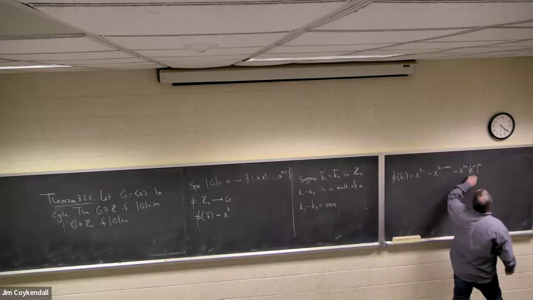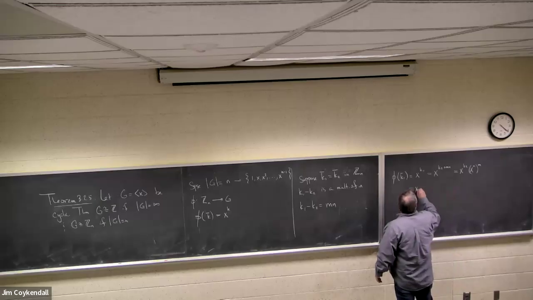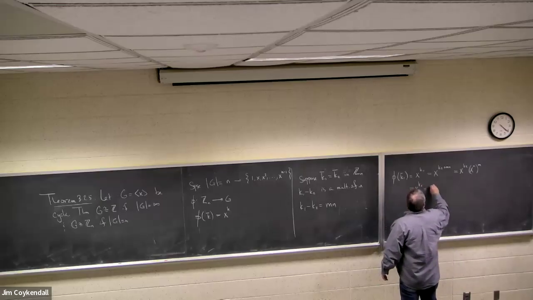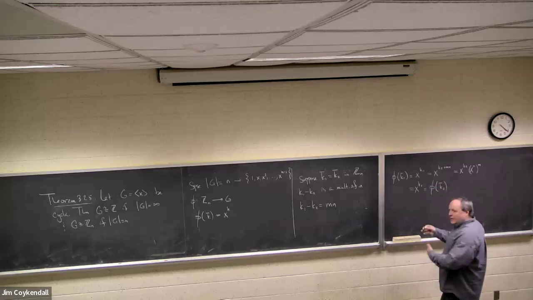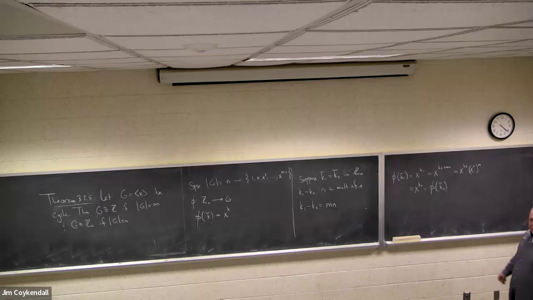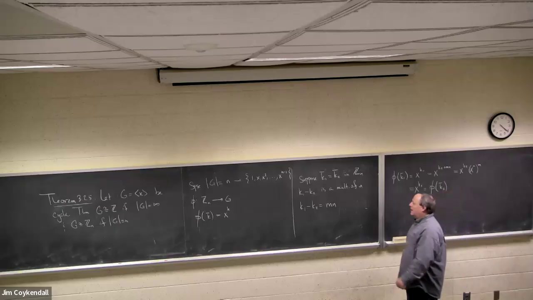So this thing right here is just the identity, the M vanishes. So this is equal to X to the K2, which is phi of K2 bar. So it doesn't matter which representative you pick for the bar thing, you get the same answer.